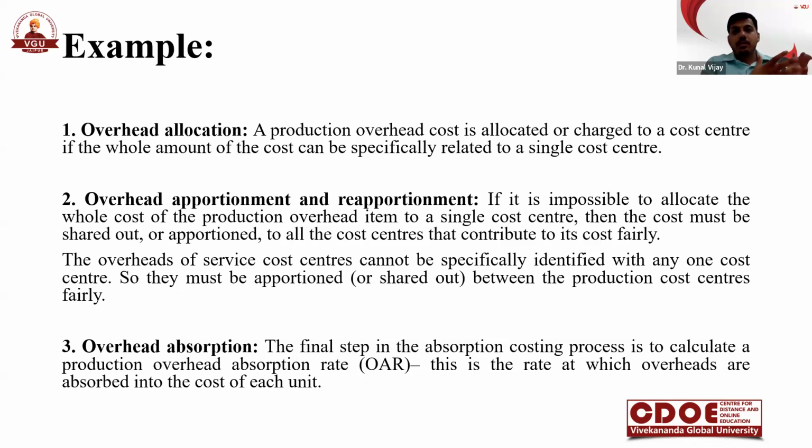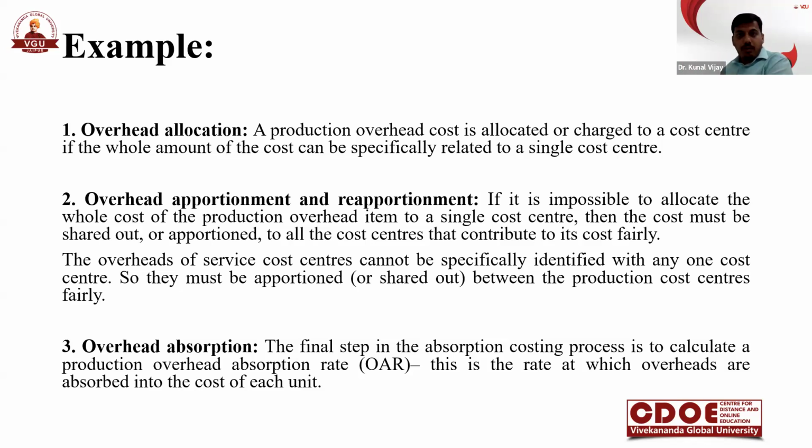Suppose there is a machine for steel manufacturing and a machine for plastic bottle manufacturing. If repair is to be done for steel bottle manufacturing, they will call the maintenance department. If service is to be done for the machine used in plastic bottle manufacturing, they will also call the maintenance department. So the maintenance department provides services to both departments. That is a service cost center.